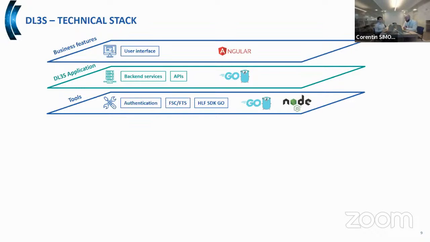We also have the FSC FTS stack, which will be presented in more detail later in this workshop, to allow us to make off-chain interactions in the context of DL3S between participants, while having a token implementation with privacy and auditability, thanks to zero knowledge asset transfer, the ZKAT implementation.